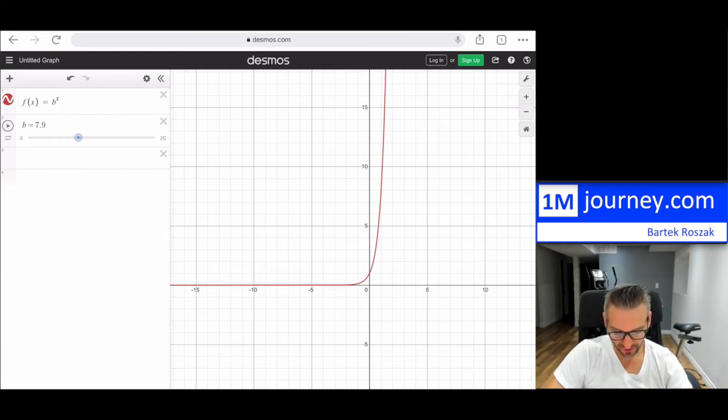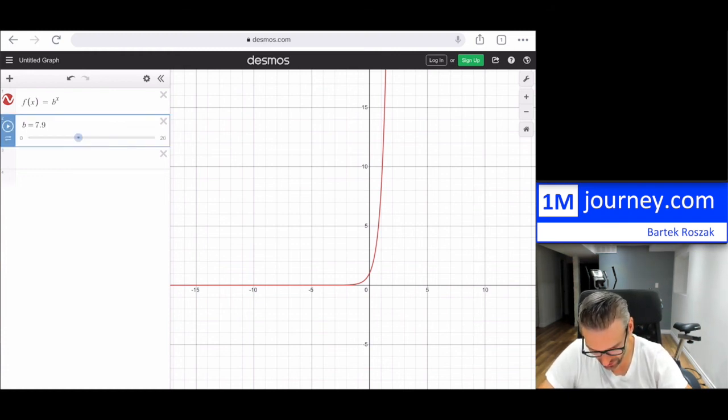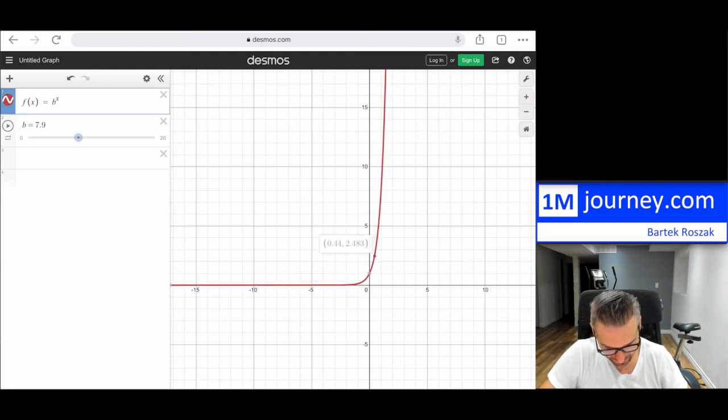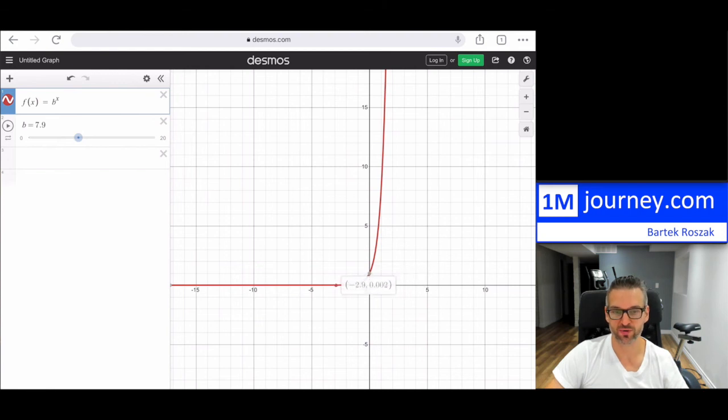But if you draw it on Desmos, notice that your value of y is getting smaller and smaller and smaller. Eventually Desmos is going to put this at 0. Notice it's 0. Don't get fooled. It actually never touches 0.